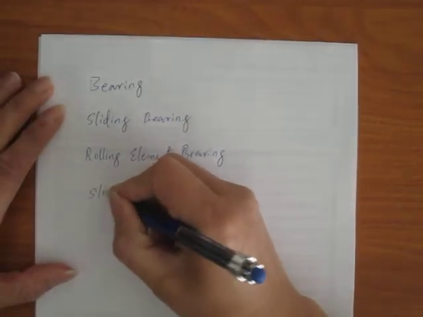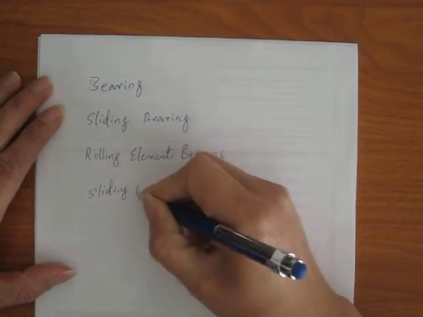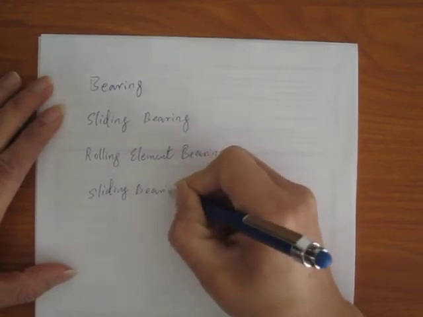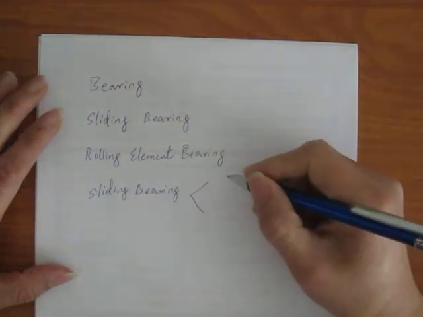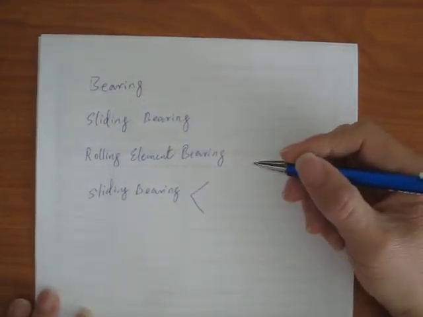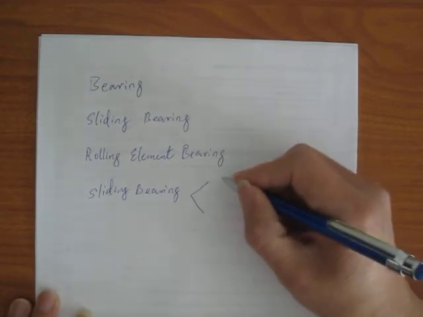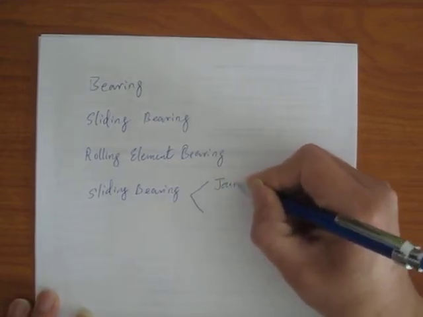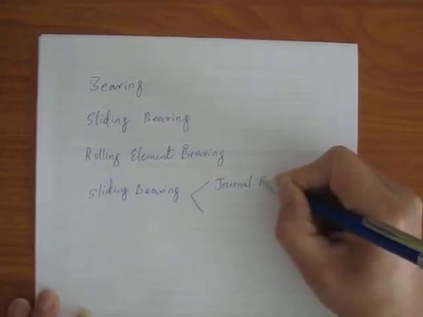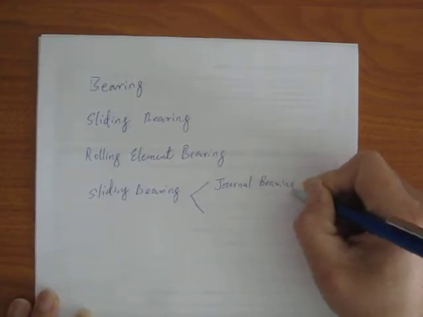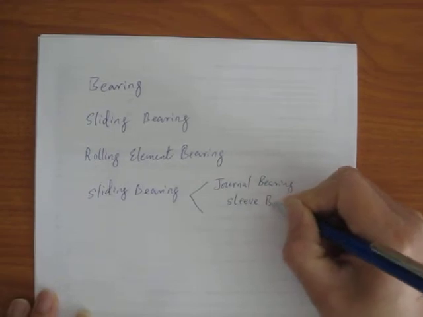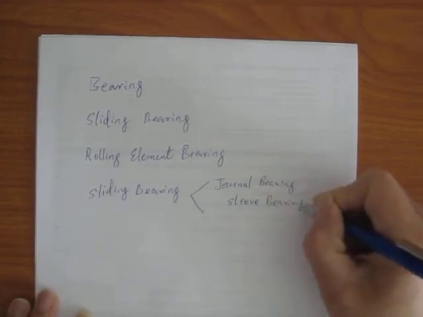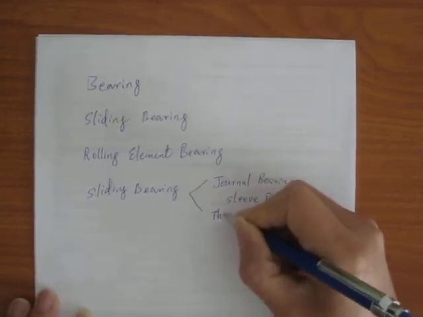So the sliding bearing we categorize into two big types. One is just the normal actual bearing, and we sometimes call it journal bearing or sleeve bearing. And another type is what we call thrust bearing.